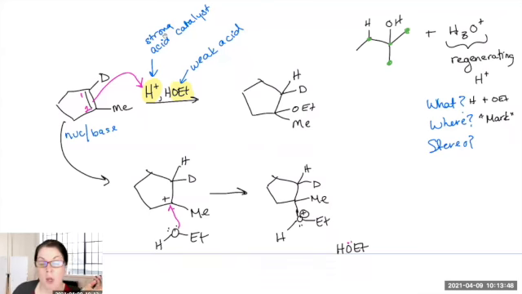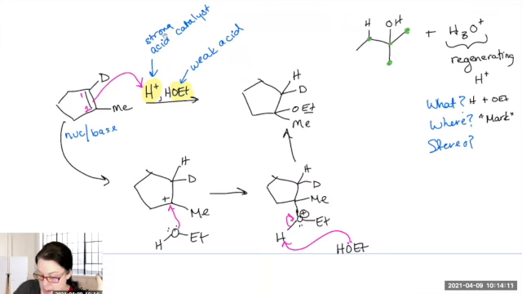What is it going to pull off? It's going to pull off the proton. So the ethyl group isn't going to get pulled off in this neutralization step. Only protons get added or removed. So we're going to pull off the proton, which means that the oxygen only is going to have left on it the ethyl group.